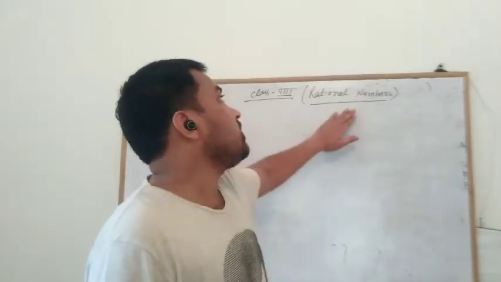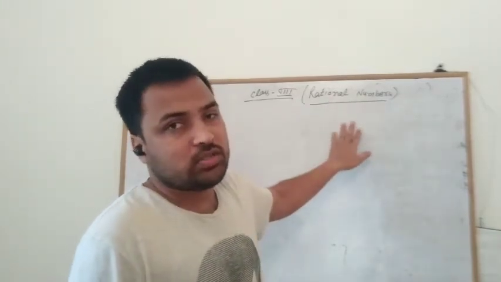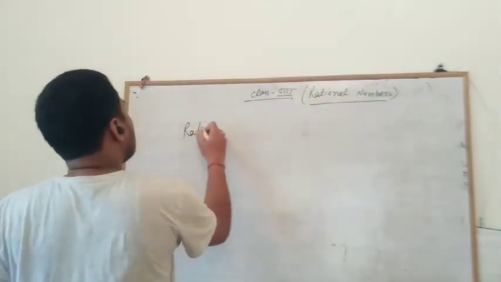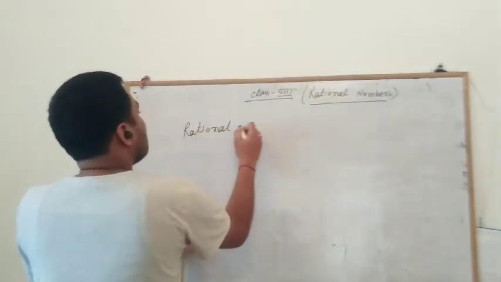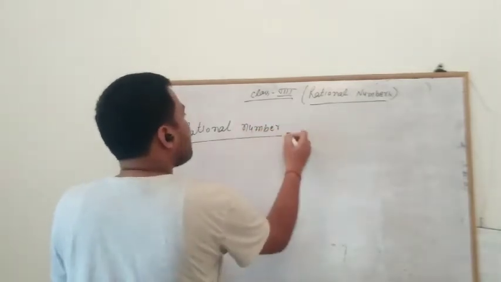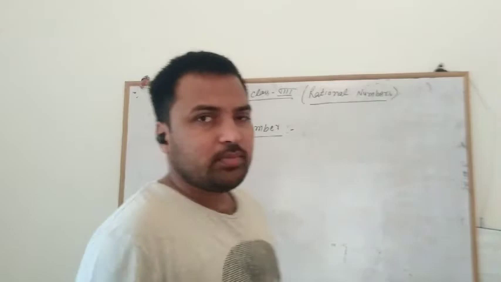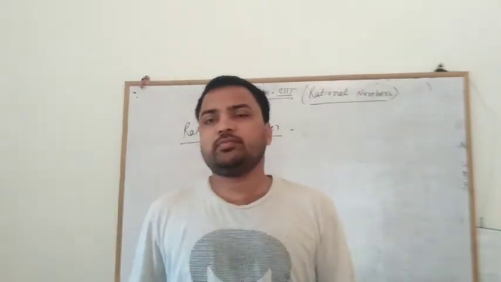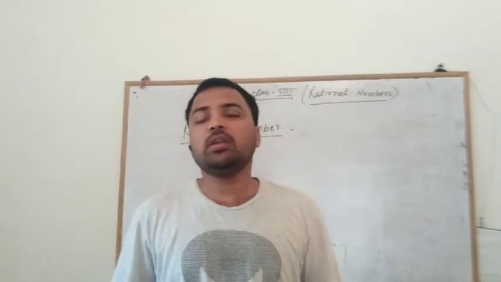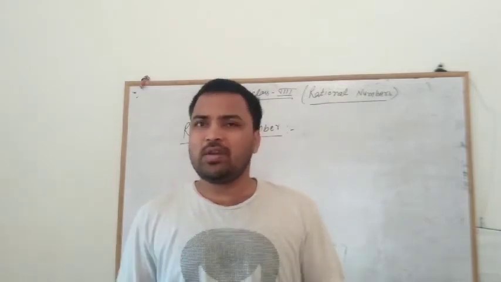So first we define what rational numbers are. Let's see. Rational number. How can we define the rational number? Any number that can be represented in the form of a by b, or p by q, or x by y.